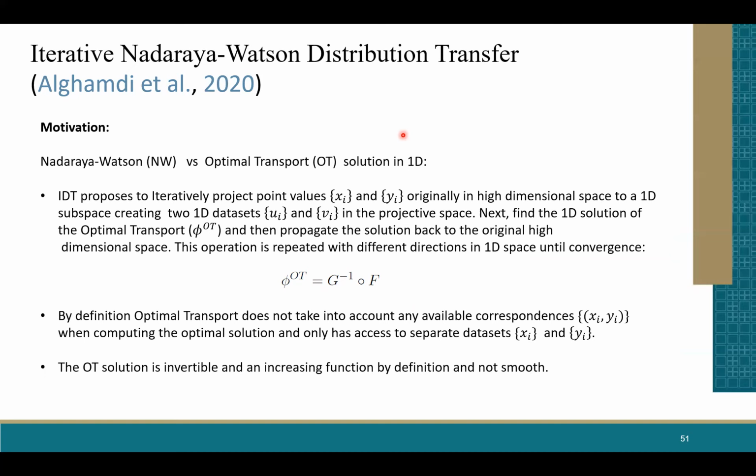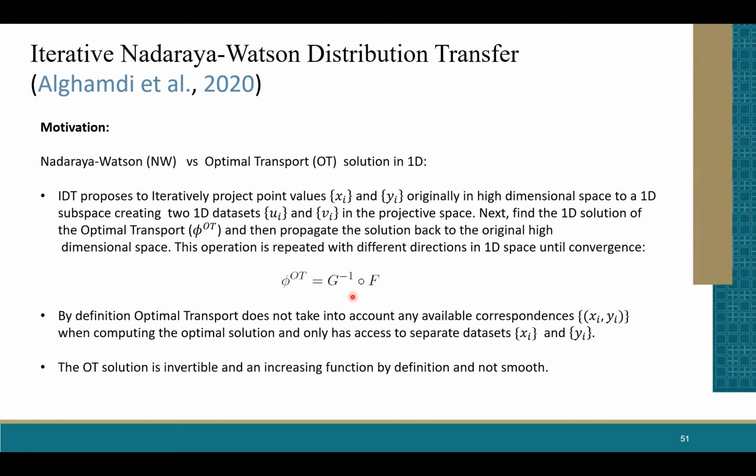iterative projection-based approach implemented in the IDT algorithm and sliced Wasserstein distance. The idea of IDT is to use optimal transport in 1D in the projection approach, with this equation.